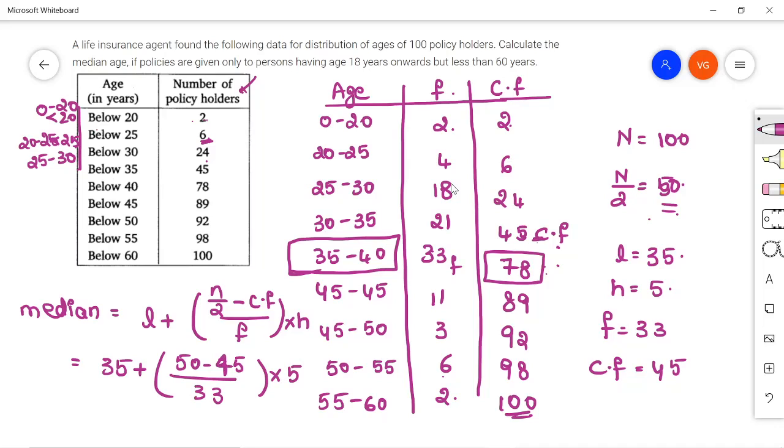So 5 into 5, 25 divided by 33, it will come to 0.76. So this will be 35.76. So the median here is 35.76.